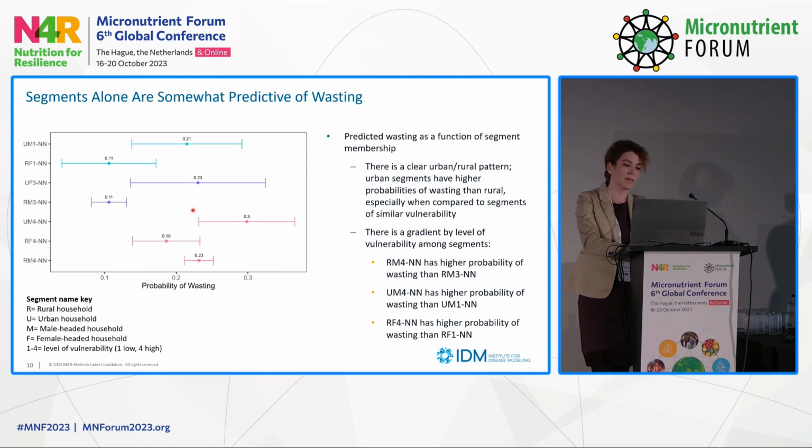For instance, if you look at these 3 segments here, the probability of wasting among the urban households is higher than among those in rural households. It's definitely something that we need to explore more to identify what other risk factors drive this pattern.